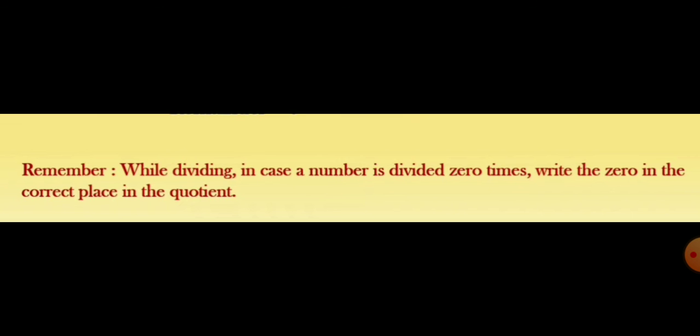So in division 0 also has great value. So don't forget to mention 0 in the quotient if your dividend has 0. Okay, hope you have understood this lesson, division. Thank you.